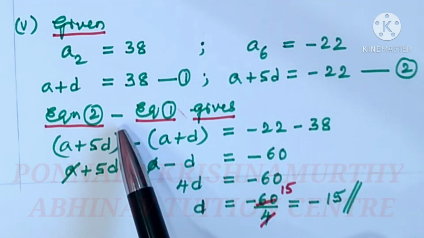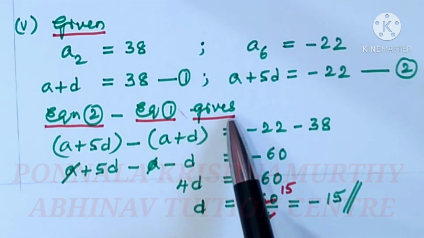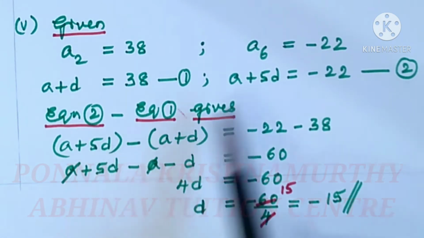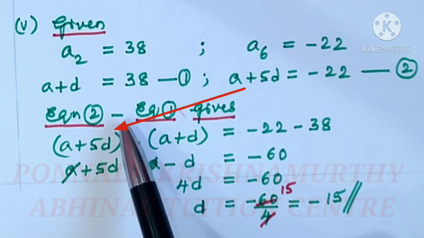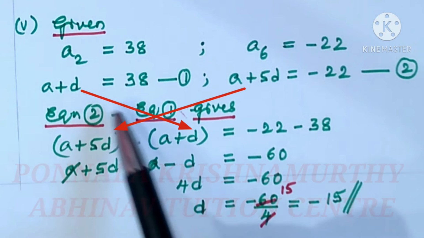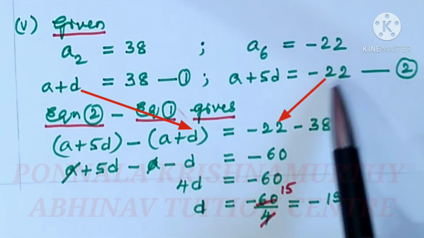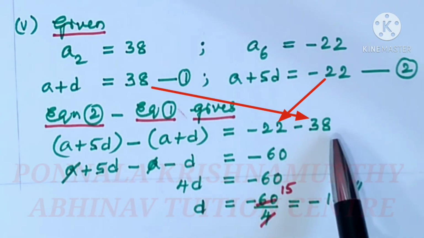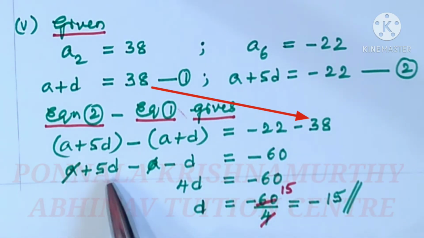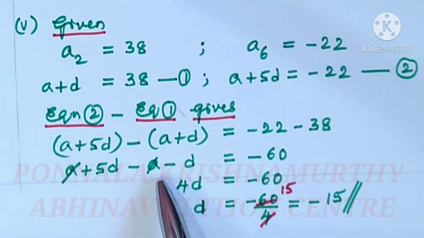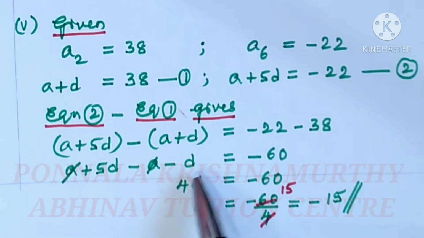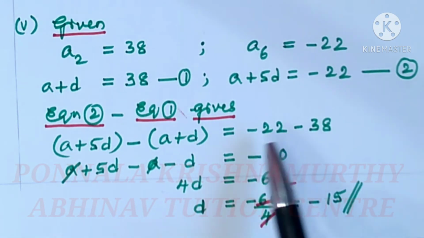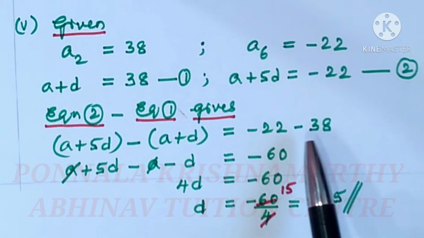Equation 2 minus equation 1 gives A plus 5D minus A plus D is equal to minus 22 minus 38. Now A plus 5D, minus into plus is minus A, minus into plus is minus D, equals minus 22 minus 38. Same signs, addition, same sign.